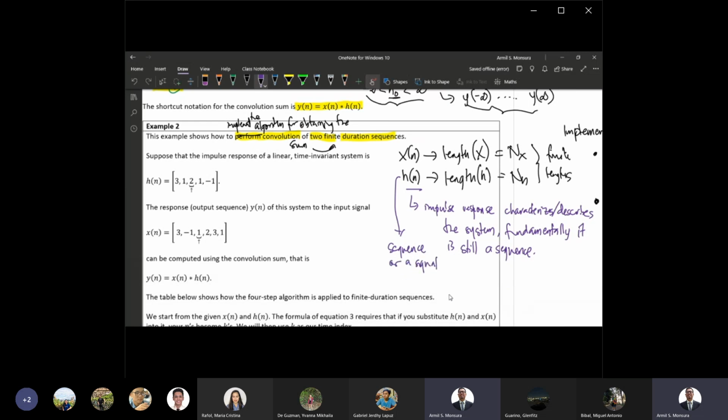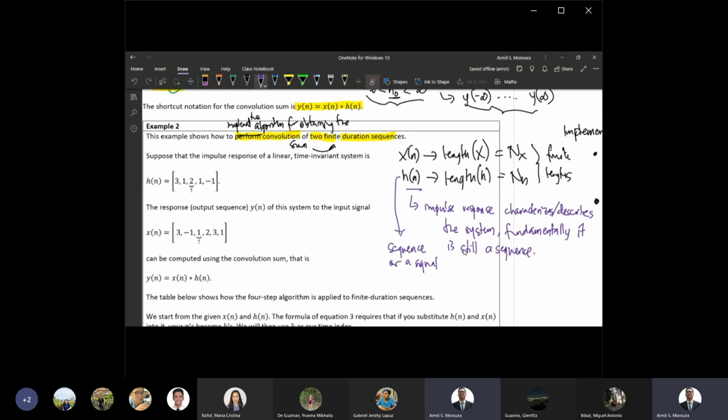So tinitreat natin ngayon si hn as a sequence or a signal, which means that if it is a sequence or a signal, then we can apply not just the basic but all the operations that we have studied on signals. Especially if you take a look at lesson 2.3. Tama ba? Or 2.2. Simple manipulations. So, may apply natin yung mga napag-aralan natin doon.